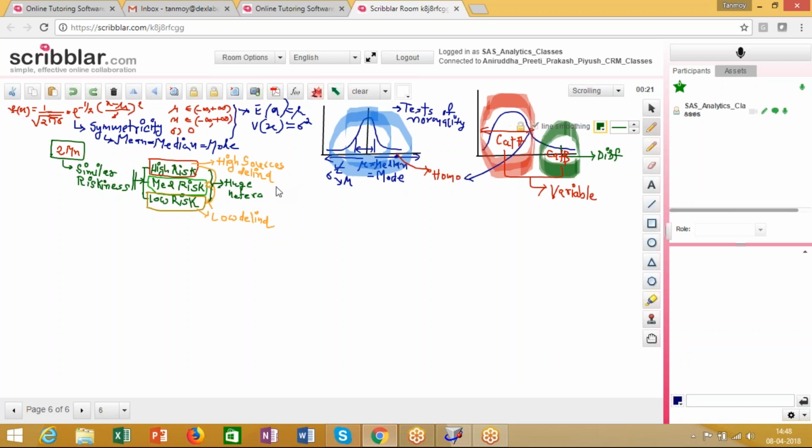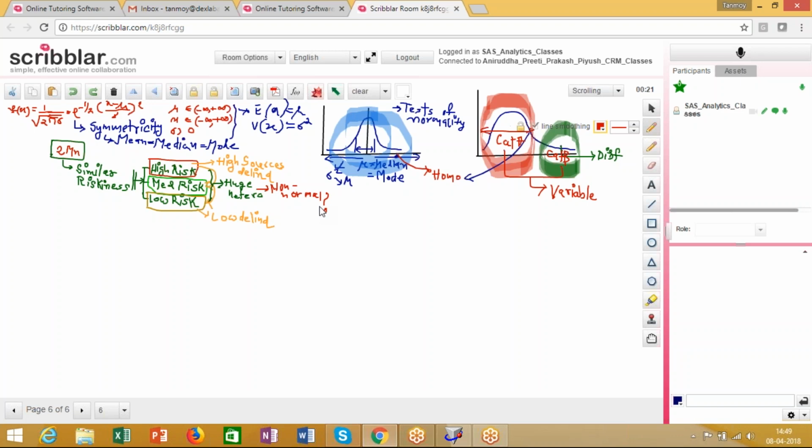Now, if there is a huge heterogeneity, I will say that the distribution of any variable where all these accounts are punched is non-normal or asymmetric in nature. That there is skewness.